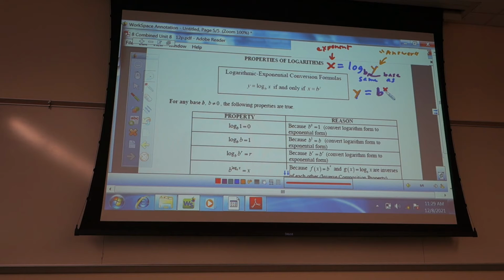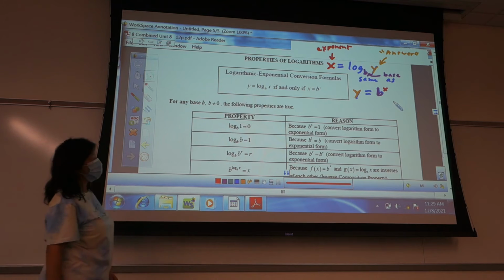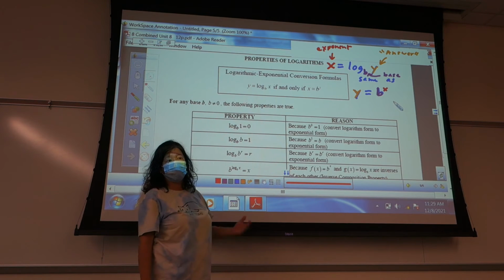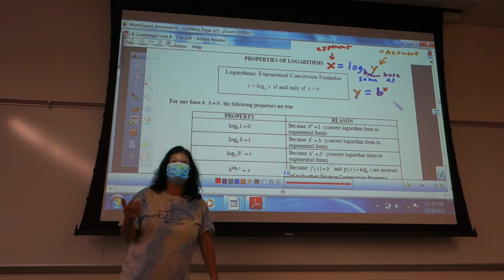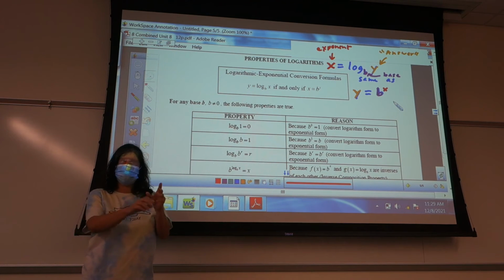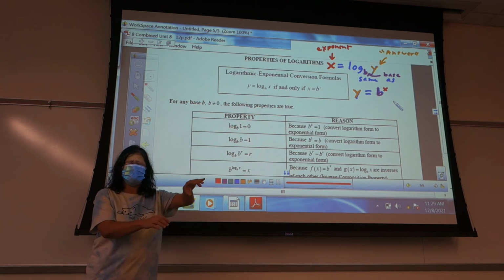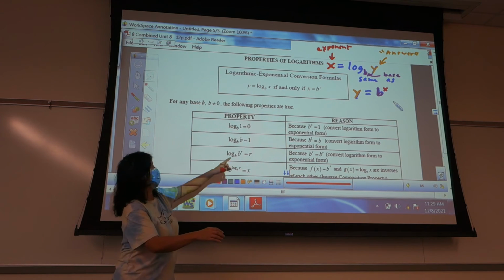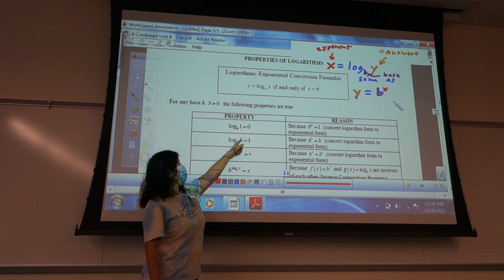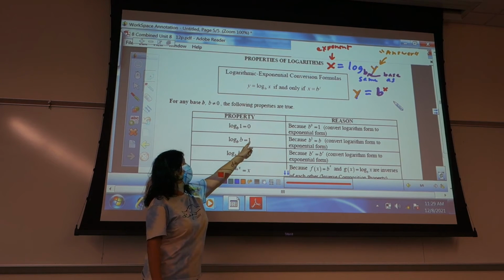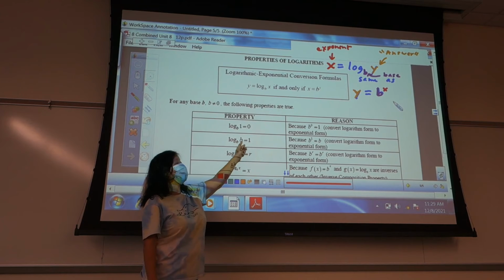Are those too close together? So that's kind of how I like to think about it. And once you wrap your head around that, whenever I see a log, I have to go through that and say, okay, this is my base, this is the answer, that's the exponent. So b to the 1 should definitely be b.